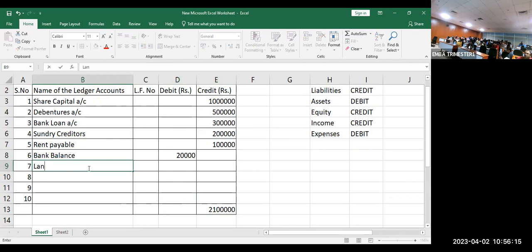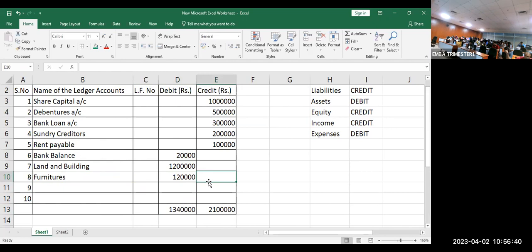Land and building 12 lakhs. Furniture 1,20,000. Stock 4,60,000.